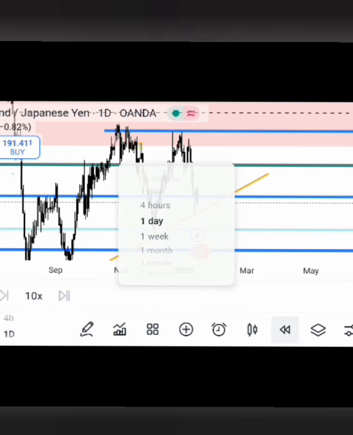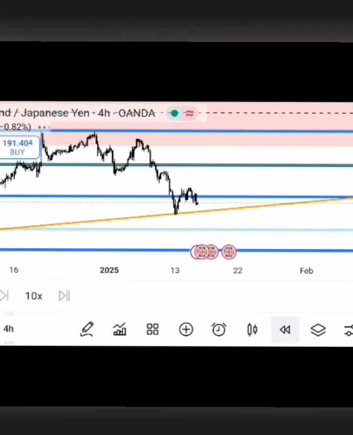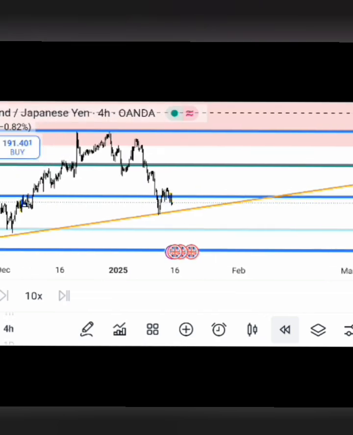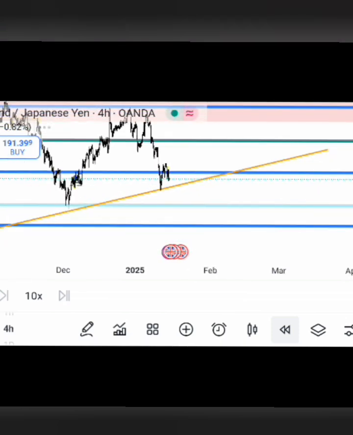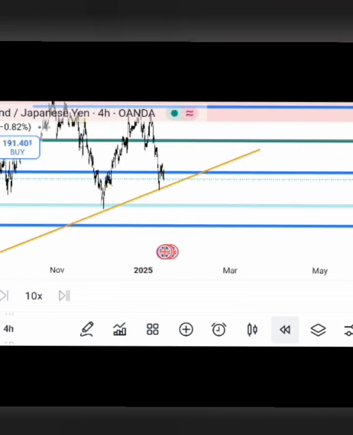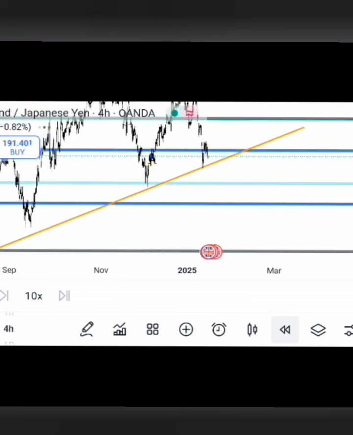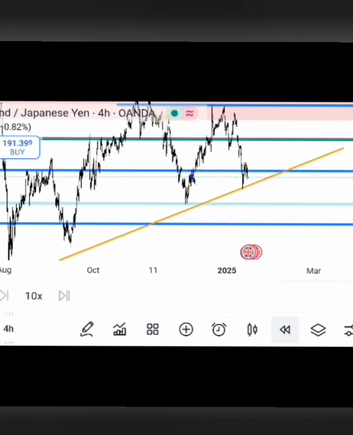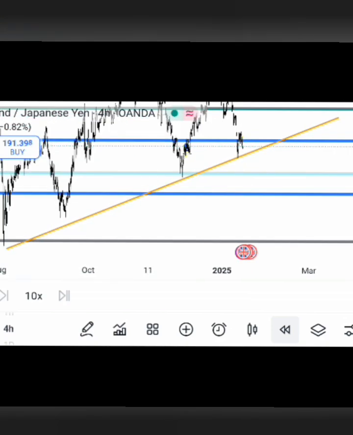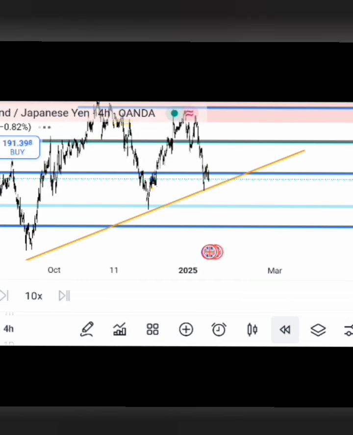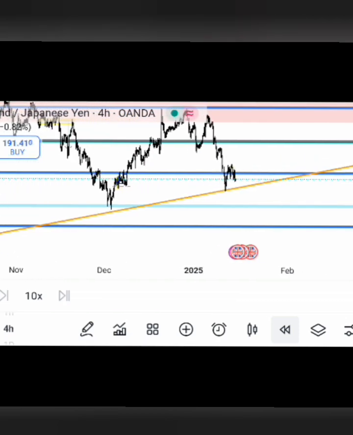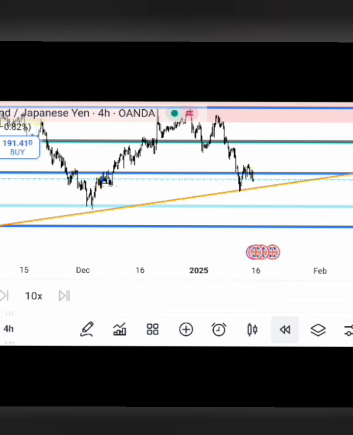4 hourly. Good. So under 4 hourly, what can you see? What you can see matters a lot. This trend line held, and under this 4 hourly, what are we seeing the market doing?